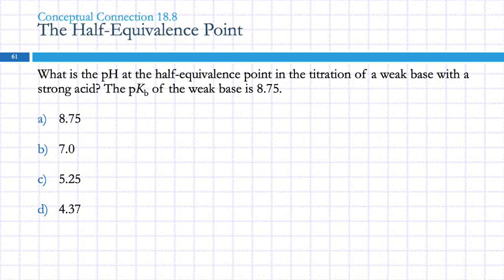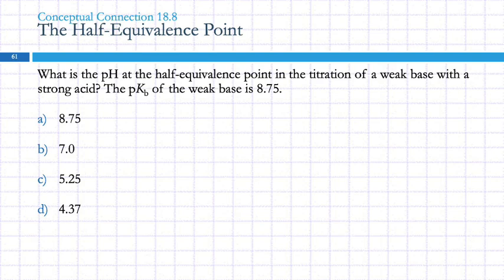What's the pH at the half equivalence point in the titration of a weak base with a strong acid? pKb of the weak base is 8.75. Well, what did we just talk about? We can't use pKb, we need the pKa.